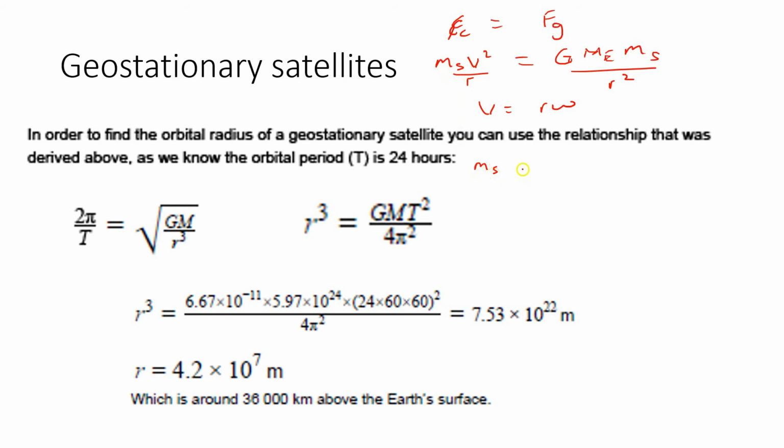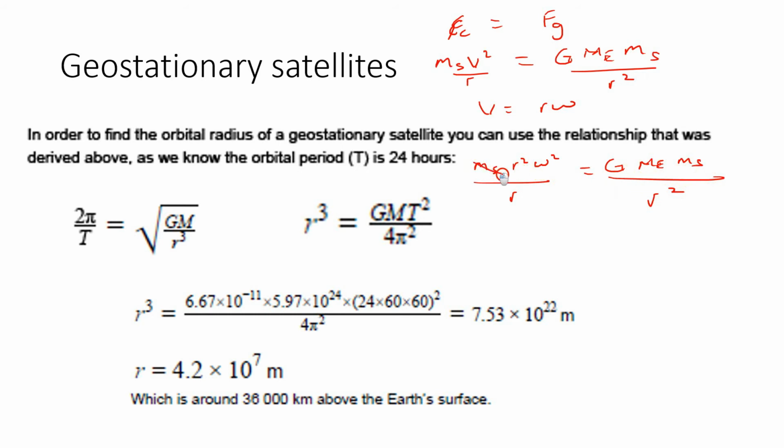Mass of the satellite times r squared times omega squared, because v is being squared, so everything there is going to be squared, divided by r is equal to G times Me times Ms divided by r squared.